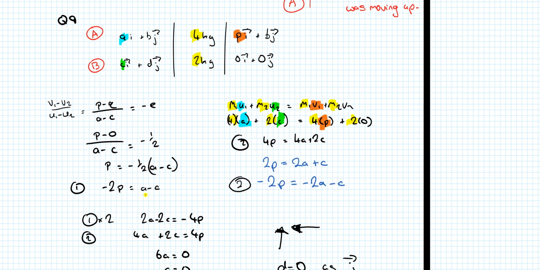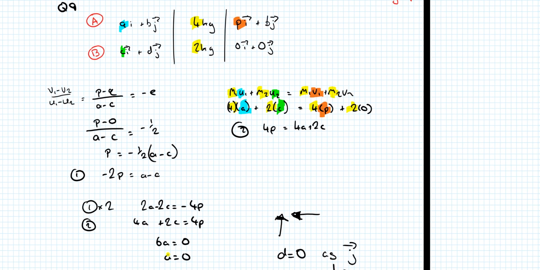We get minus 4p plus 2a minus 2c. And with equation 2, if we do no manipulation at all and leave it the same, we'll find that the c's and p's cancel. And that leads us to having a equal to 0.